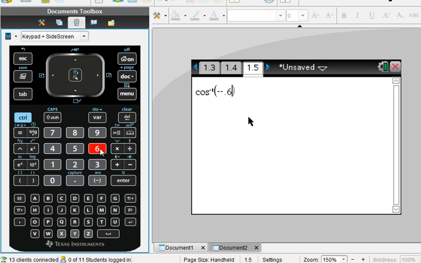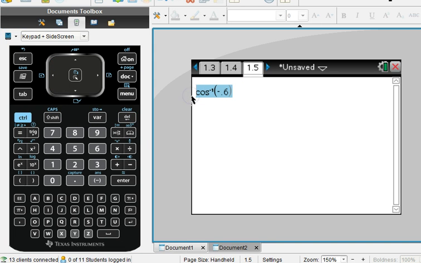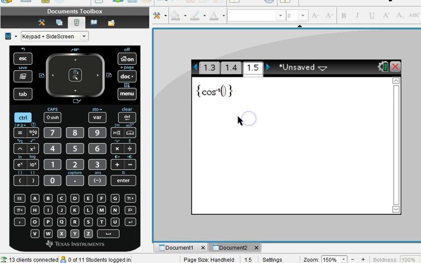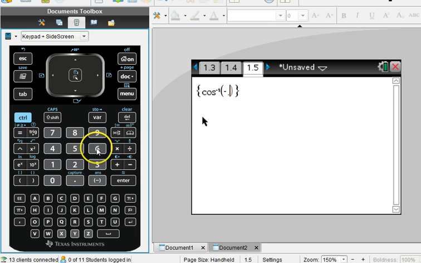Got too many negative signs in there, so let me back it up a little bit. Okay, so negative 0.6. Oh, I didn't do the curly bracket. There's the problem. So let me just start over. Okay, we'll just delete that. So curly bracket, inverse cosine of negative 0.6.